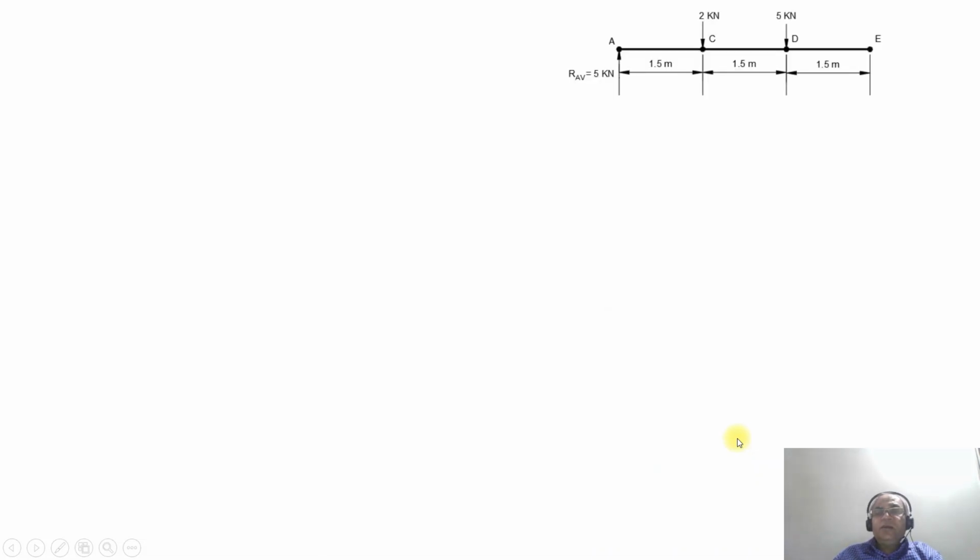When you go further, at the point D, we are considering the load of 5 kilonewton which is acting. Here it is a shear force diagram, so only the point loads you need to consider. Between C and D, it remains constant at plus 3 kilonewton, and at this point D, plus 3 minus 5 will be equal to minus 2 kilonewton.